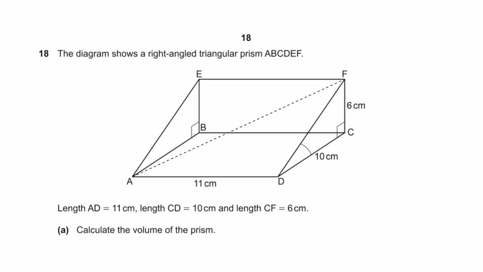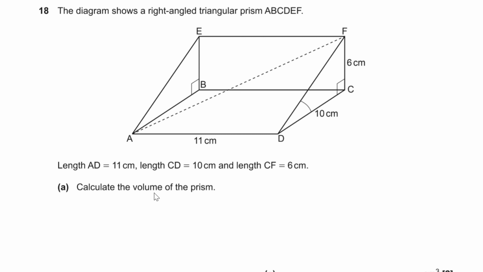Question number 18. The diagram shows a right-angled triangular prism ABCDEF, and the length AD is 11 centimeters, CD is 10, and CF is 6. We have to calculate the volume. Well, to work out the volume, what we'd have over here is half of a cuboid.